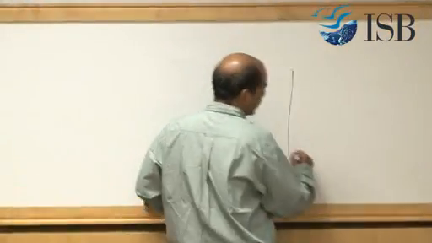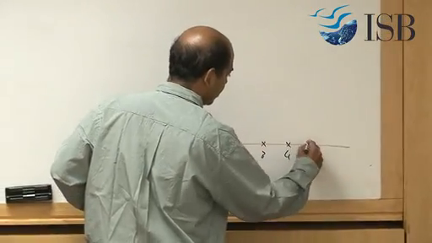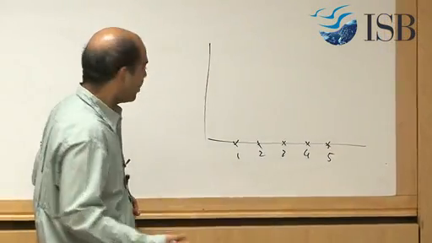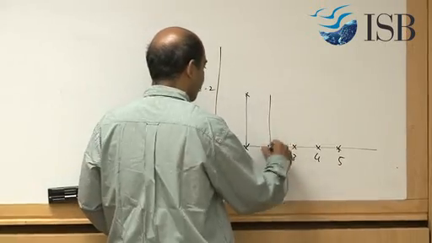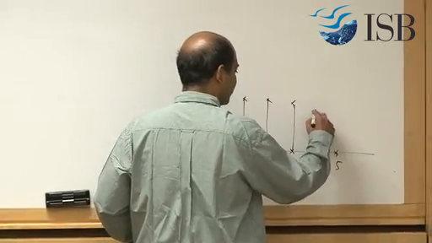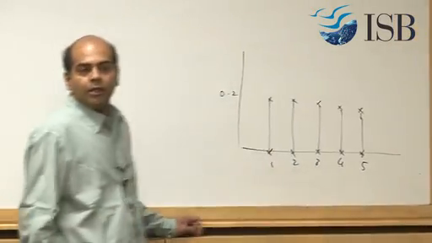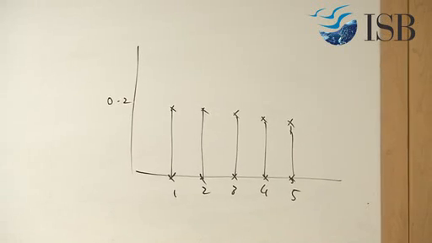You have 5 different points: you either sell 1, 2, 3, 4 or 5 newspapers on a particular day, and the probability values are 0.2 each. I'm taking 0.2 each just to make it simple. This is the demand distribution you're dealing with. There is variability, and you have to handle this variability.